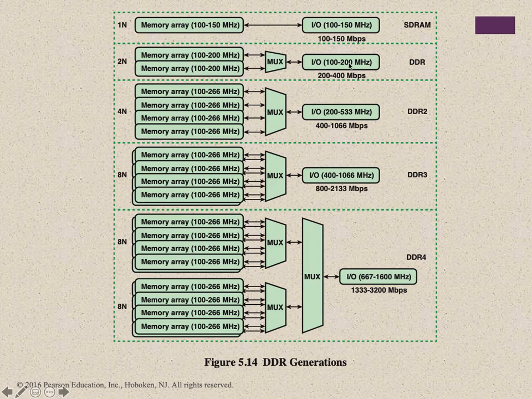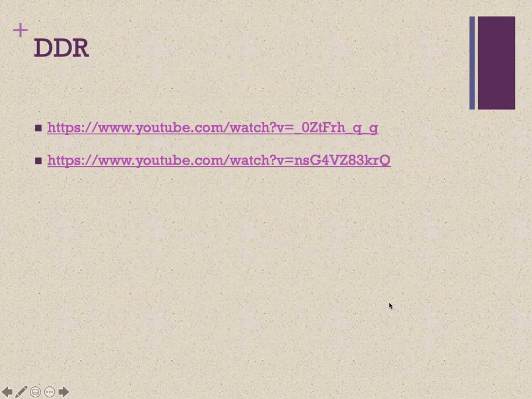And this is simple DDR, DDR1, with the memory array and multiplexer. In DDR2, the memory size increases. DDR3 doubles the memory size of DDR2, and DDR4 doubles the size of DDR3. And the I/O can be performed at 667 to 1600 megahertz. So these are the different DDR generations.